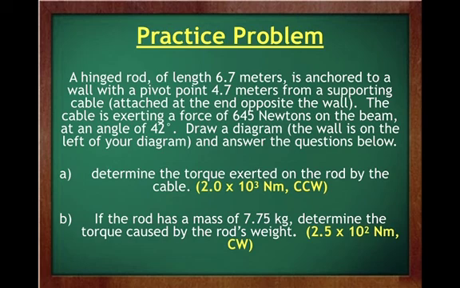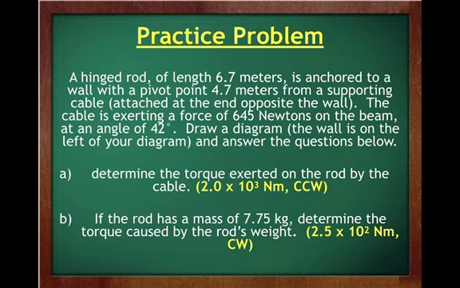We have a hinged rod of length 6.7 meters. It's anchored to a wall with a pivot point 4.7 meters from a supporting cable, which is attached at the opposite end of the wall. The cable is exerting a force of 645 newtons on the beam at an angle of 42 degrees. Let's first draw the diagram, assuming the wall's on the left, and then answer the following questions.